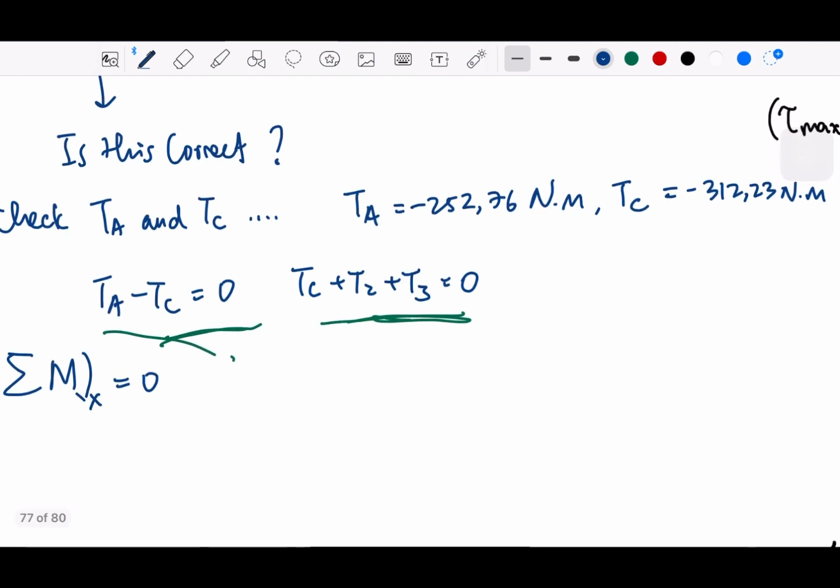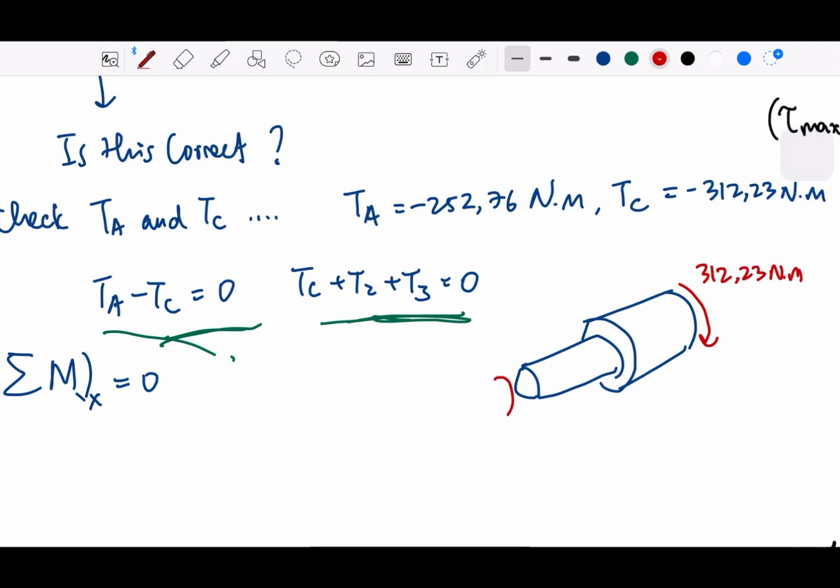And then we can see that here TC is 300. So this is to show that if the external torque TB is 565 Newton meter, the reactions need to counter this external torque.